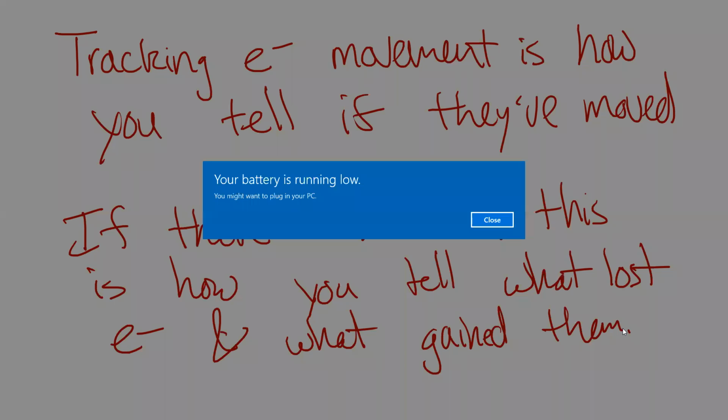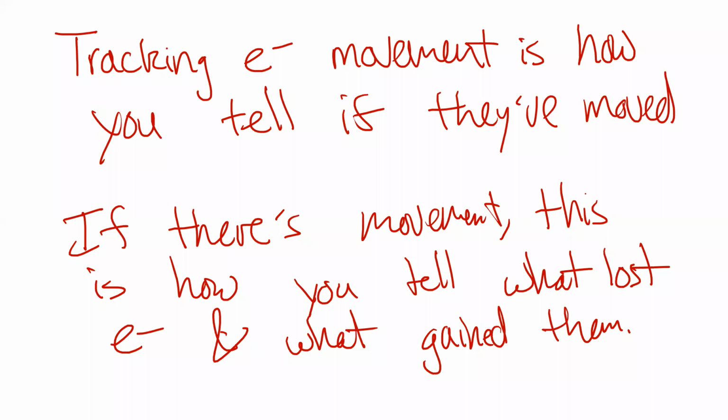So how do we track that? Well, it turns out that tracking them is something we do kind of the way accountants do this sort of thing. We track them with numbers.